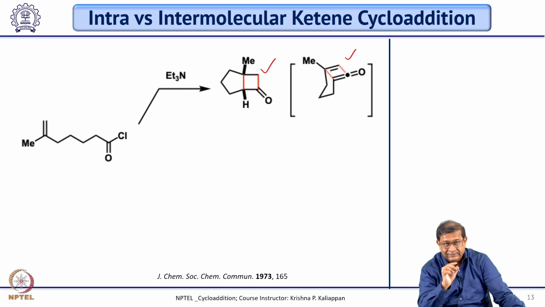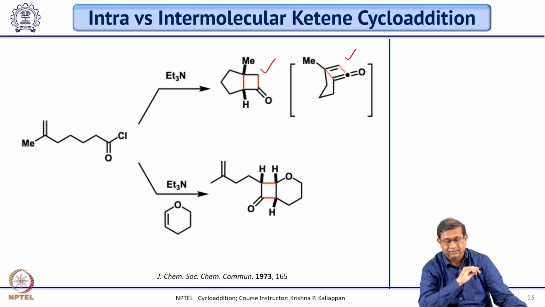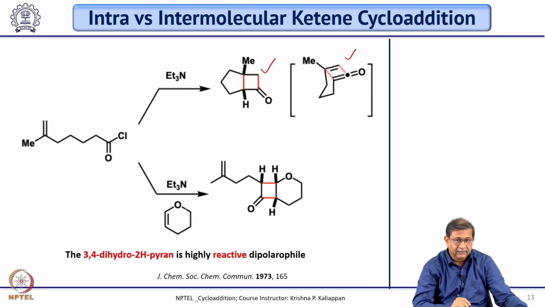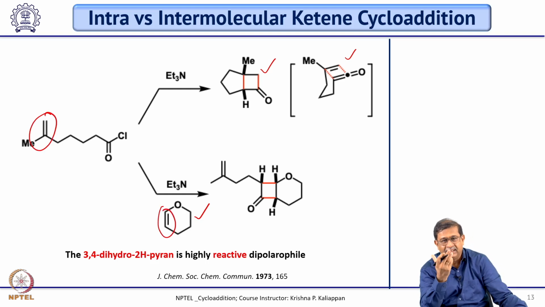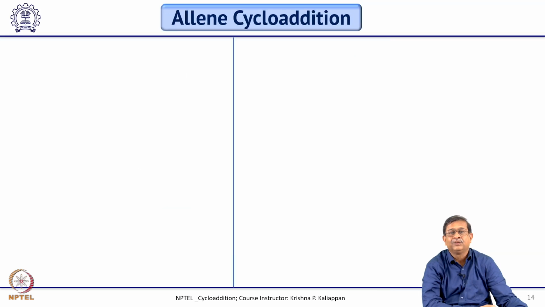Now if you do the same reaction in the presence of triethylamine and another alkene, for example 3,4-dihydro-2H-pyran, which is more reactive, then between this alkene and this alkene, this is more reactive. So you will see that the intermolecular 2+2 cycloaddition between the in situ generated ketene and this glycol or 3,4-dihydro-2H-pyran is more facile than the intramolecular 2+2 cycloaddition.